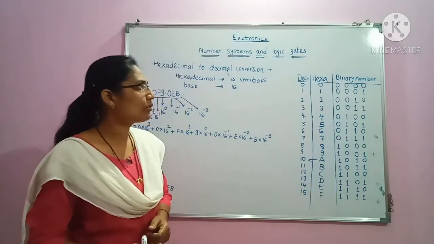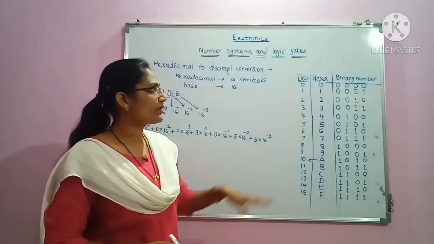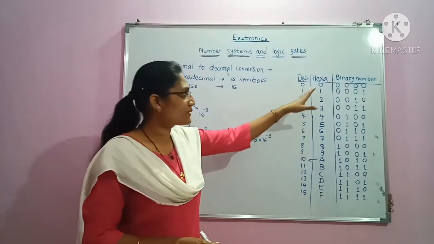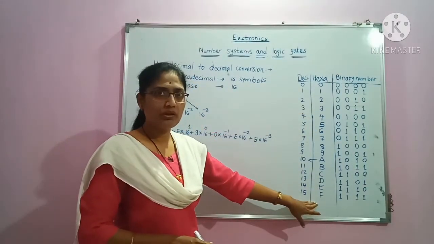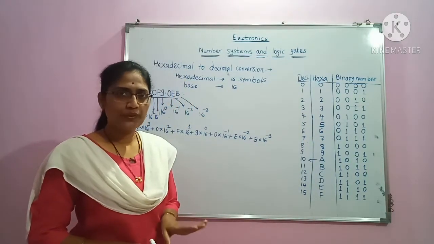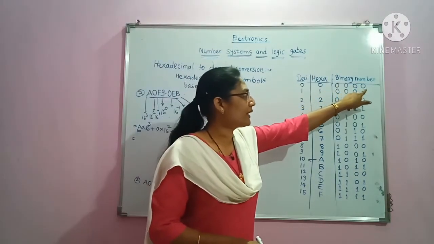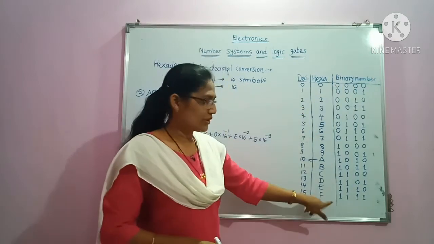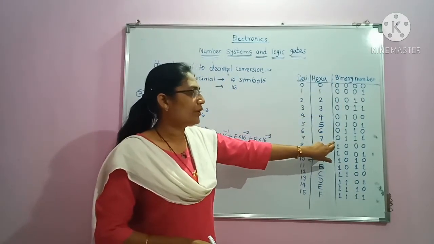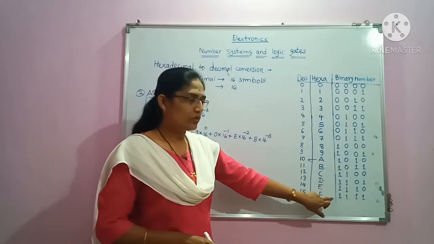I have also told you how to generate their respective binary numbers. While generating them, I told you that as there are 16 total numbers, we divide by 2 and it comes out 8. In the first column we have 8 columns and 16 rows, and continuously you write 8 zeros and 8 ones.